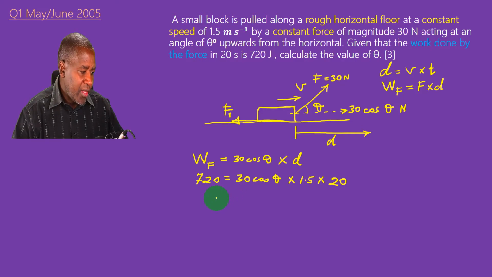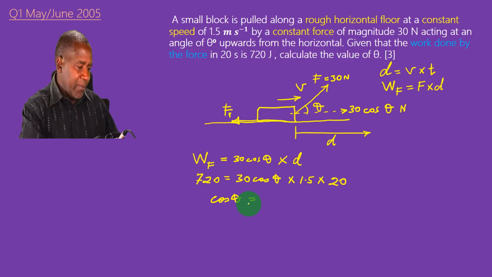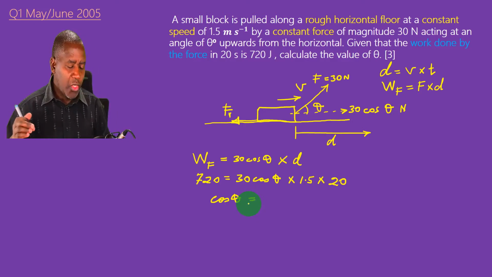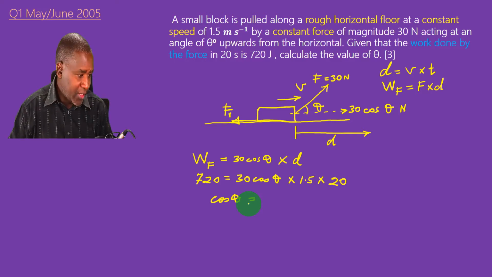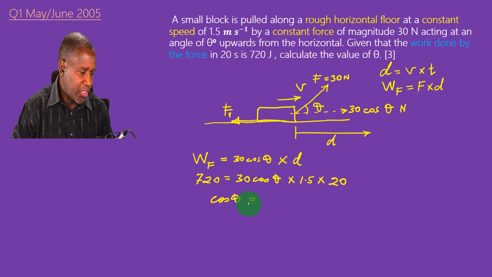So here I can see that cos theta will be given by, so I'm going to get 720. I divide by, I put everything into brackets here. It is 30 multiplied by 1.5 multiplied by 20. I close the brackets and I get 0.8.